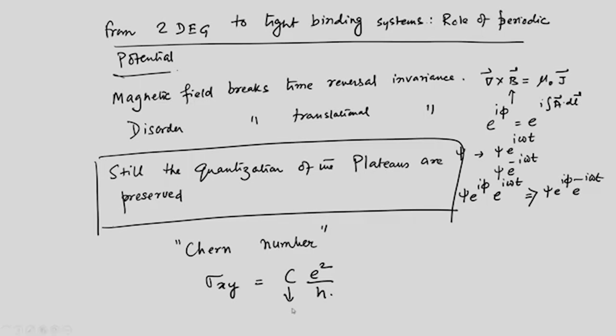Even though a 2D electron gas in the presence of a magnetic field is low on symmetries, the plateaus exist because they are related to a certain topological invariant, and these invariants can only change discretely from one value to another. They cannot be slowly made to vanish.